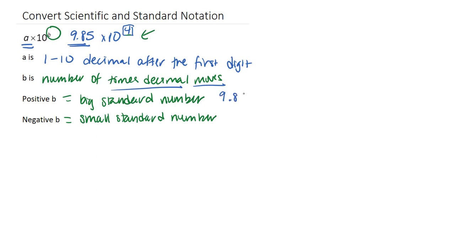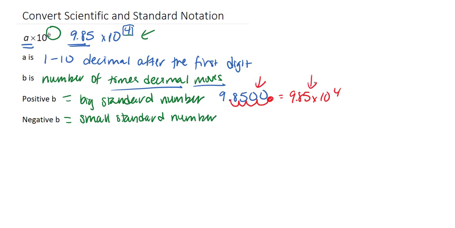So we move the decimal over 1, 2, 3, 4, right? So these are equivalent if we were to represent them in standard notation or scientific notation.